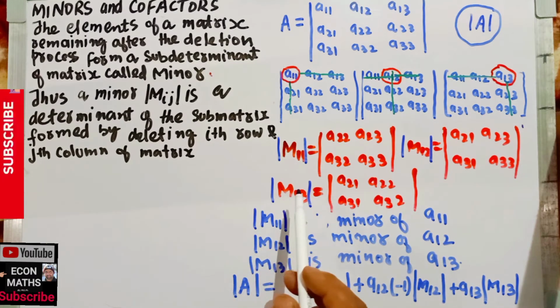So this is how we write the determinant. We can write the determinant like this also.